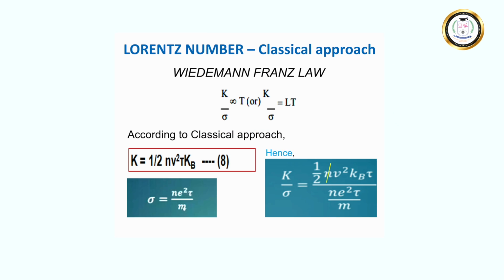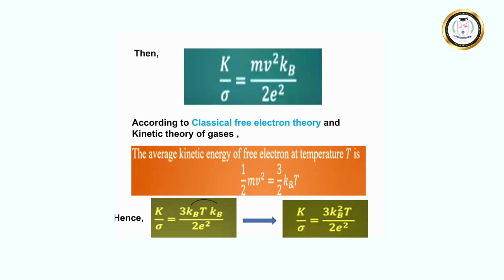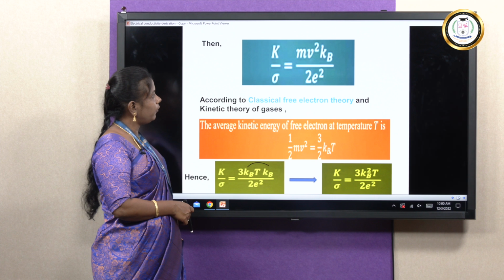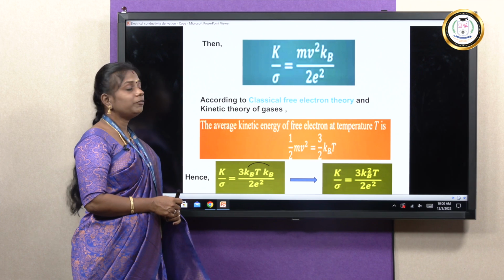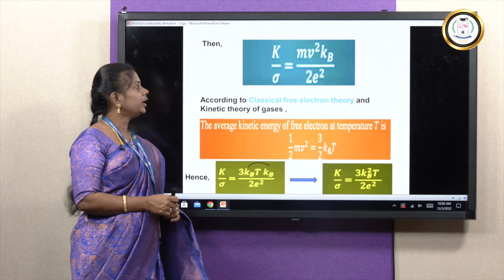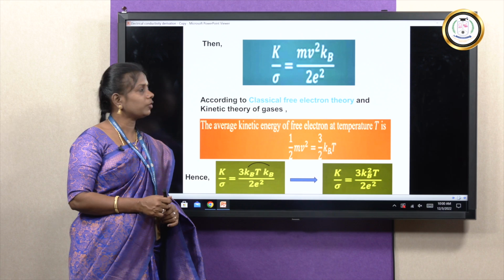So, n is cancelled, then tau is cancelled, then m in the denominator moves to the numerator. So, the final expression I can write: K by sigma is equal to mv square Kb divided by 2e square.